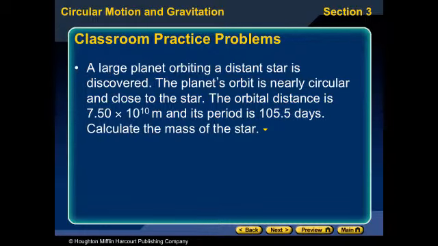A large planet orbiting a distant star is discovered. The planet's orbit is nearly circular and close to the star. The orbital distance is 7.5 times 10 to the 10th meters, and its period is 105.5 days. Calculate the mass of the star. So what do we know? We know orbital distance, so that would be r.